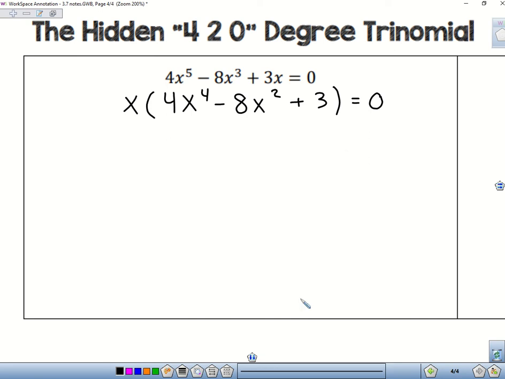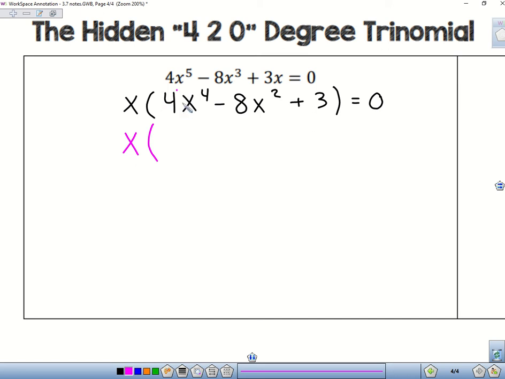So from here, we basically have a quadratic-form trinomial in the parentheses. Everybody see that? So we're going to follow the same procedures and steps we've been doing on the last two after you factored out the x. So, am I able to factor this right as it is? No, we have to use what? Good, we're going to have to use the AC method, right? AC method is if you don't have a 1 here, you have to use the AC method.